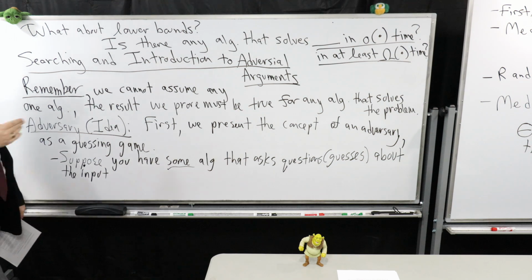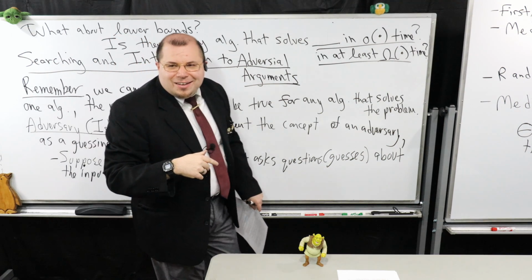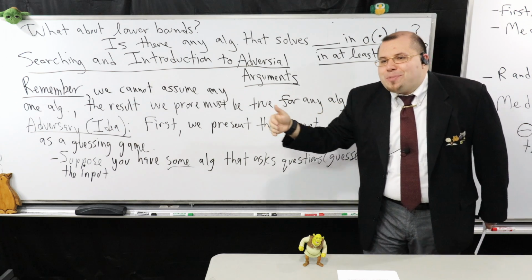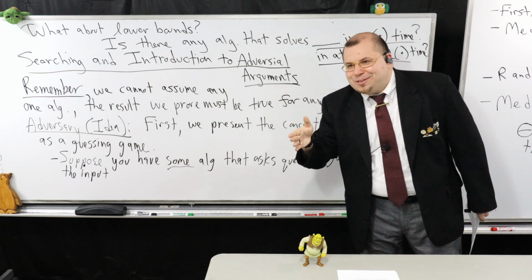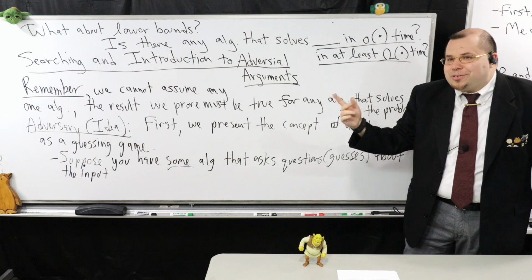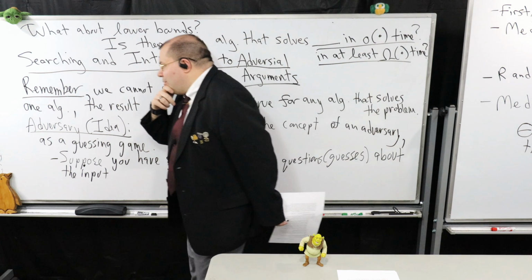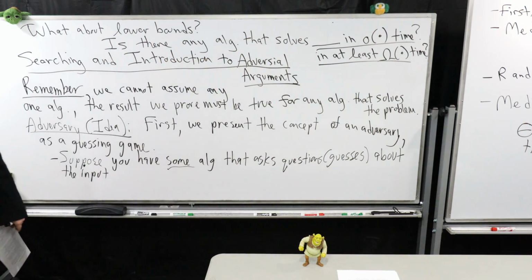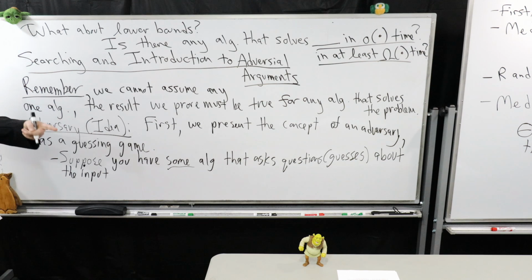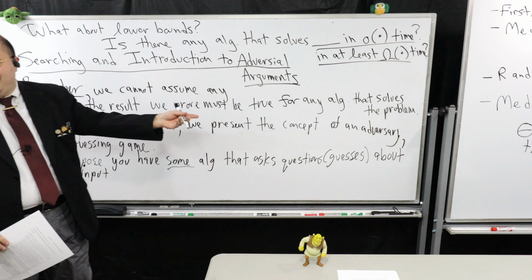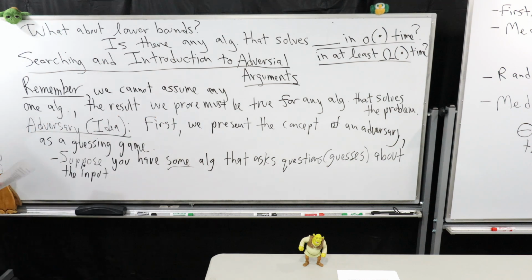Just like if my lovely adversary here took me on a trip to get out of the swamp, it might take me the longest route possible, if I keep asking, do we go left or do we go right? The whole idea here is that I'm going to make no assumptions about what this algorithm is exactly going to do. Instead, it's going to be about what the adversary is capable of throwing at me to cause the algorithm to take as long as possible.